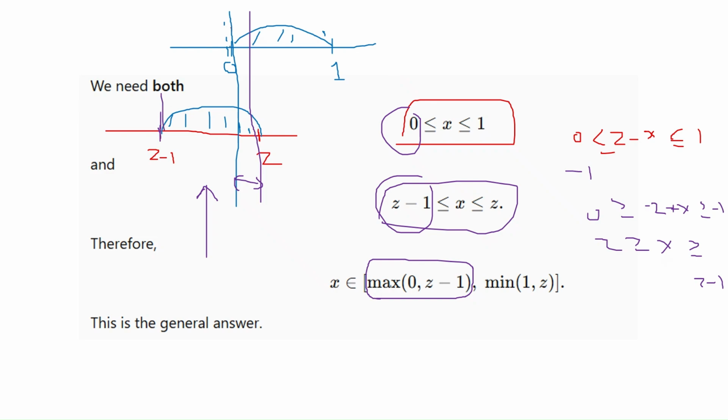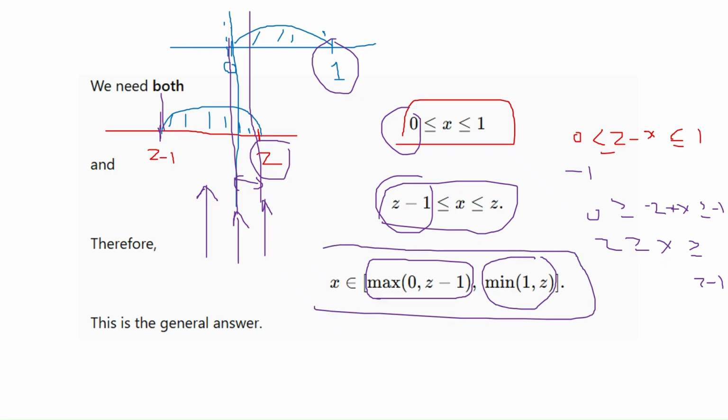So that's why our answer starts from here. It starts from 0, and then it goes till here, z, which is the minimum of 1 and z, which is what we have written here. So this is our general answer for x. It's the maximum of the starting point of both of these ranges and the minimum of the ending point of both of these ranges.